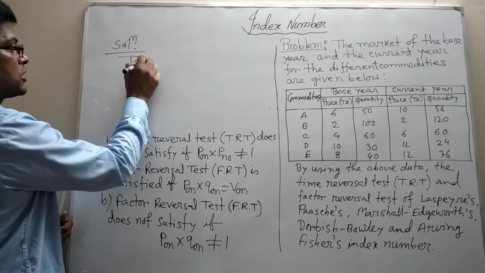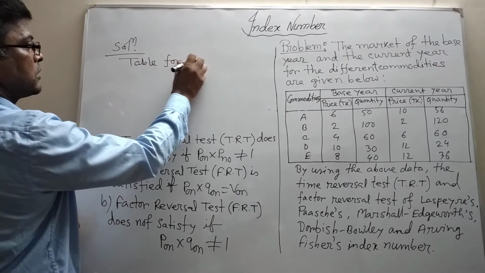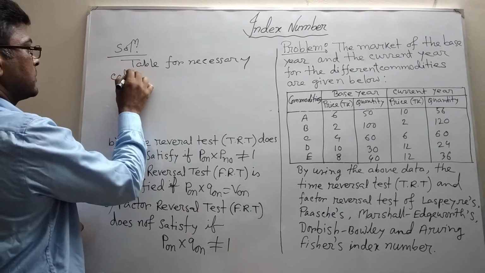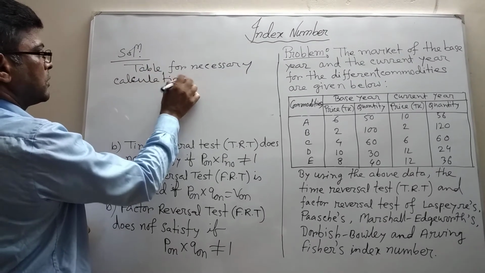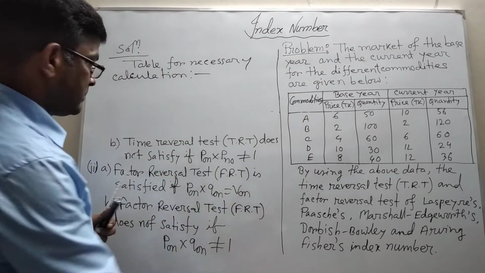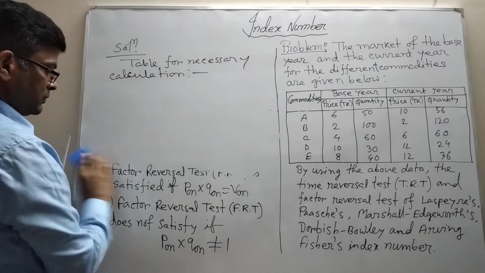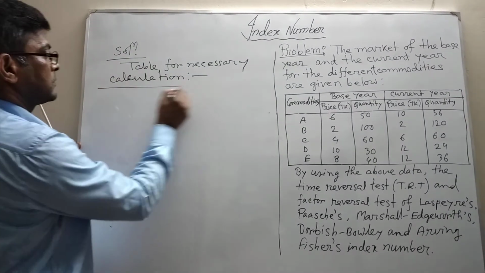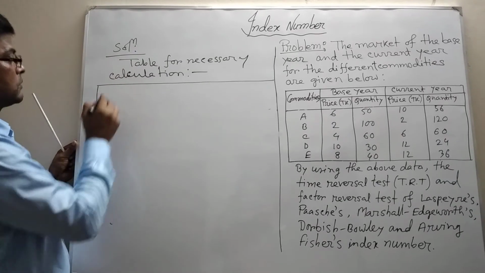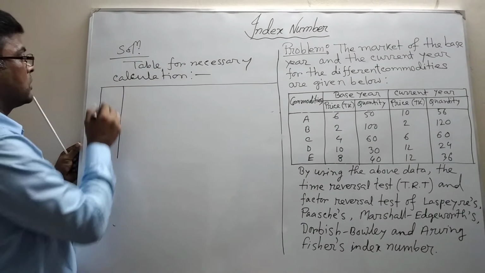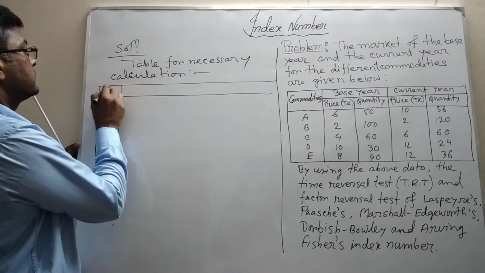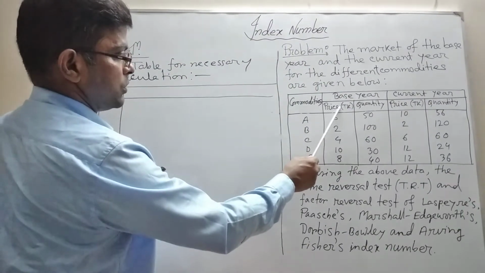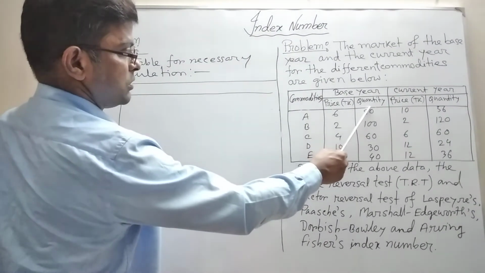Table for necessary calculation. We can write here the base year price, that means P0, and base year quantity, that means Q0.